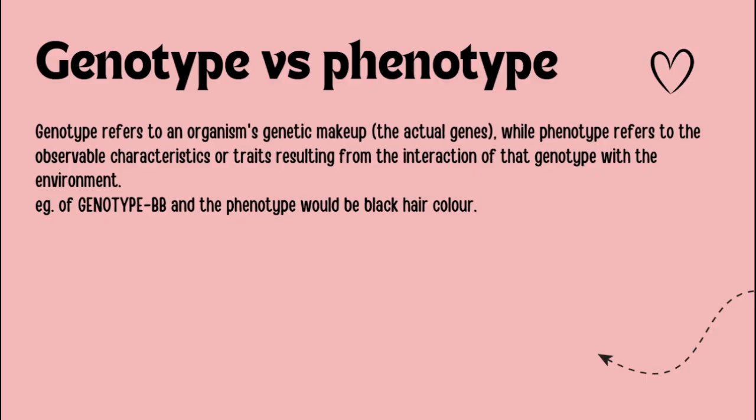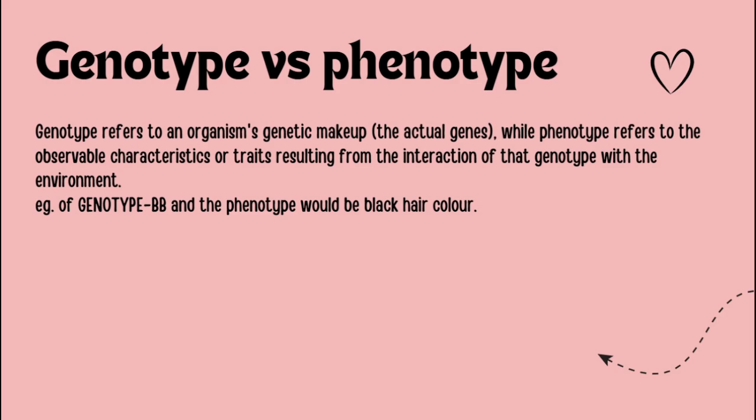Now, if we're comparing the genotype versus the phenotype, an easy way to remember this is the word geno. Just remember genetic, because both of them start with G. So the genotype is really talking about an organism's genetic makeup, and the phenotype is talking about the physical characteristics that me and you and everybody can see.